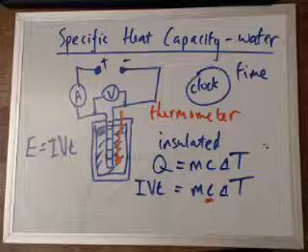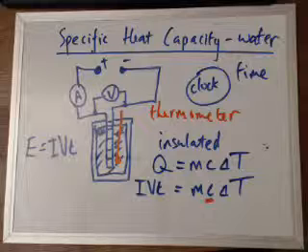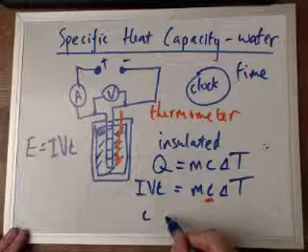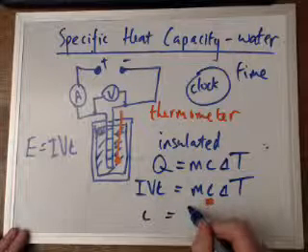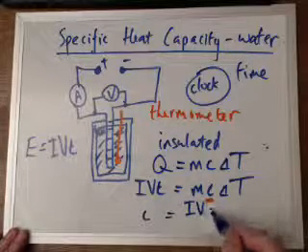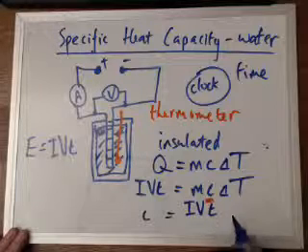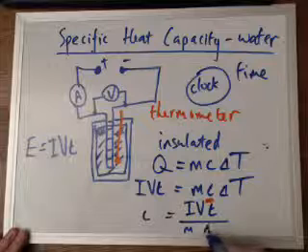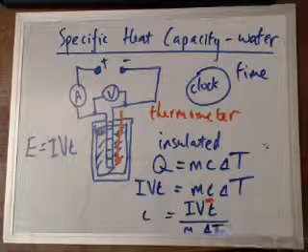So we want to write that in terms of c, so we can write the specific heat capacity as equal to current times voltage times time divided by the mass times the change in temperature.